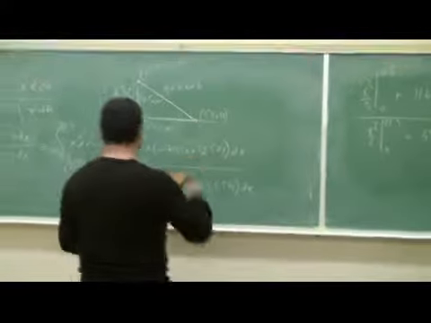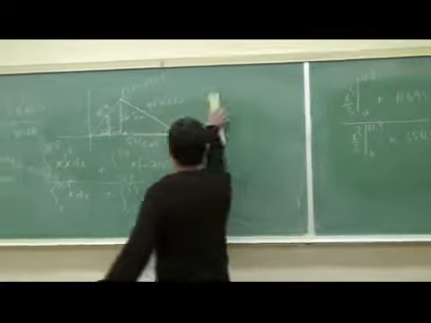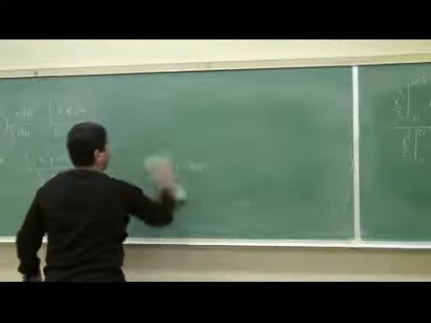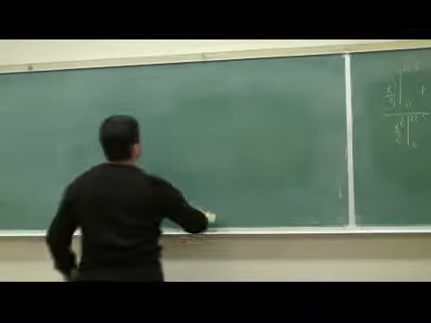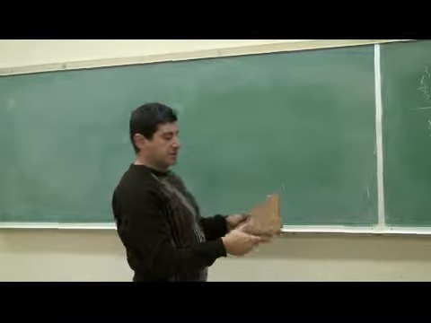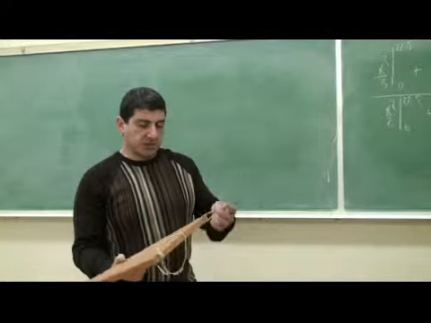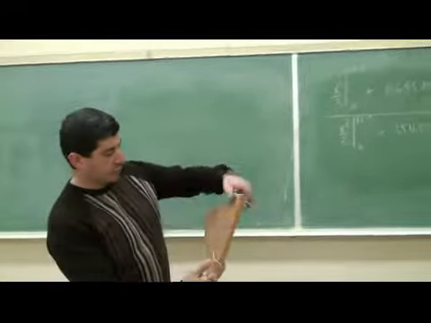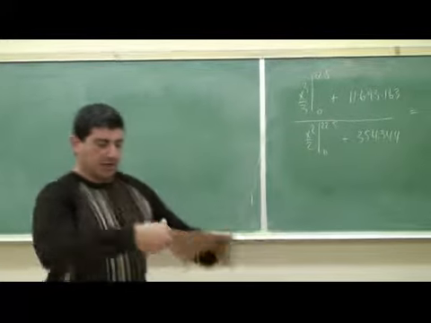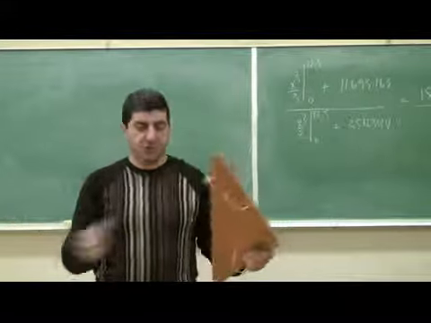Here is what you do. You take this, and you basically drill random holes, and all you need is like 3 holes. Here we have drilled different holes, and then I have a string, and I can hang it from any of the holes.